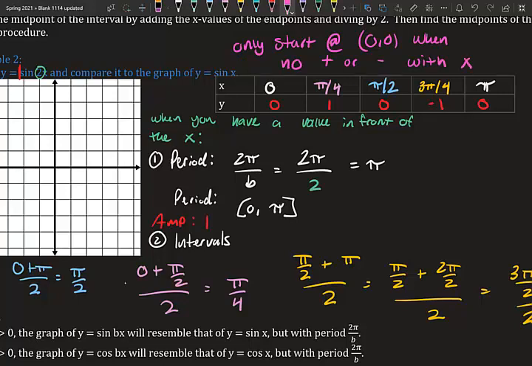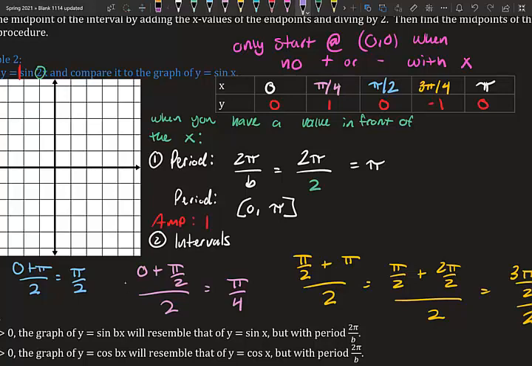So you see how there's no plus or minus with x? That's why we start at 0, 0. And then we found our intervals by dividing and finding midpoint and then quarter points. If you've taken stats, we're finding Q1 and Q3. That's what we're finding. And then we know, since we're starting at 0, 0, and it's a positive function, we go up to 1, back down to 0, down to -1, back up to 0.